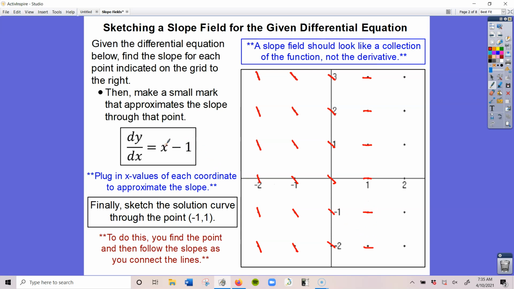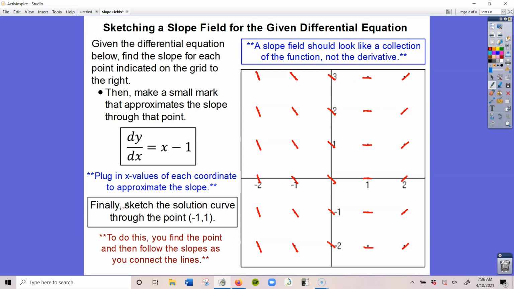Finally, if I plug in 2, 2 minus 1 is 1, so my slope now is positive, and it would look something like this. So this is my slope field.